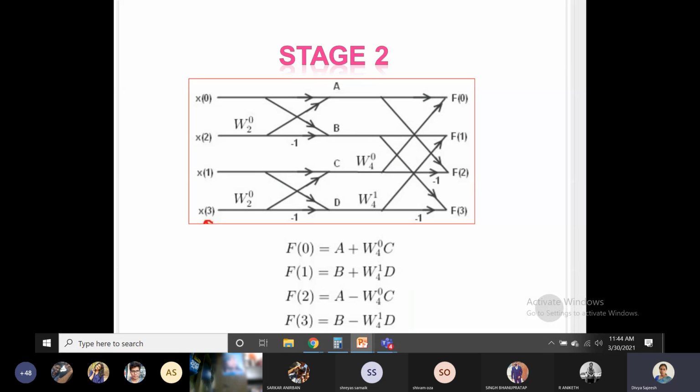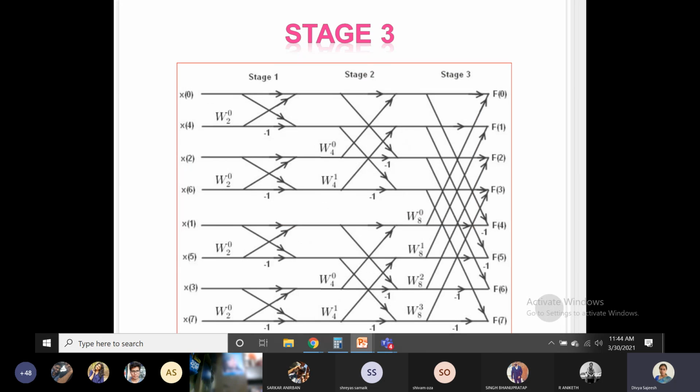In stage 2, we will go for the next butterfly diagram, which is a single butterfly diagram but has 4 inputs. In the third stage, we will take a butterfly diagram with 8 inputs. We will be clubbing 4-input butterfly diagrams together to obtain the 8-input butterfly diagram.